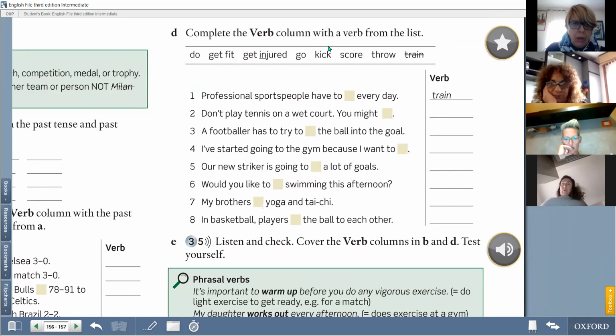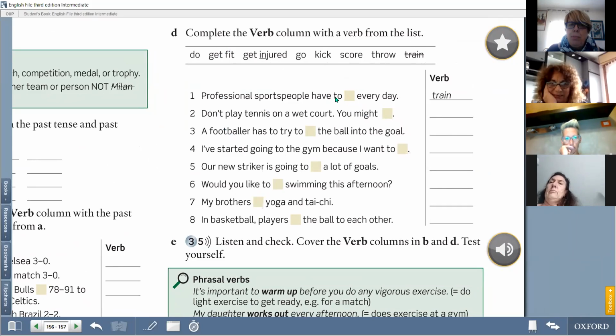Complete the verb with the verb from the list. Here we have do, get fit, get injured, go, kick, score, throw, and train.